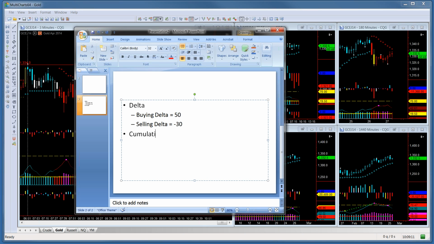Cumulative delta, on the other hand, would be the difference of those. So if the buy-in delta was 50 and the selling delta is 30, then the cumulative delta is negative 30. I'm sorry, negative 20.